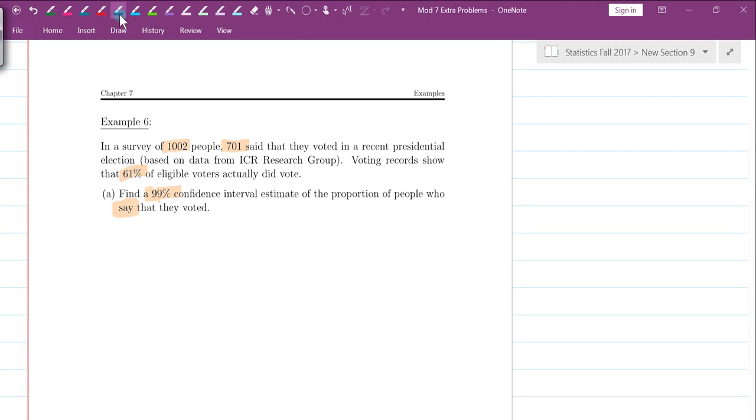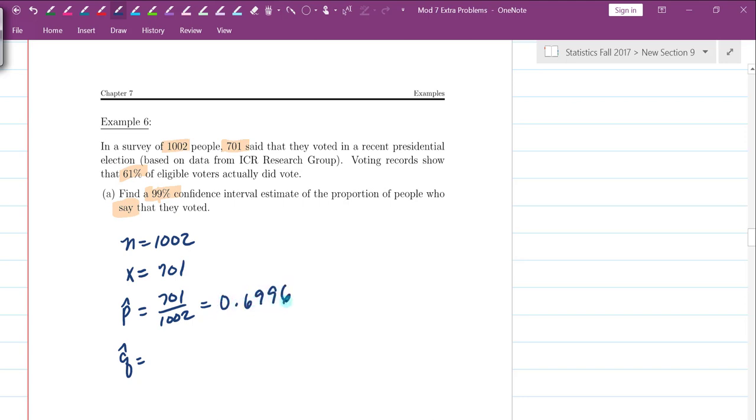So our sample size is 1,002 people. X, how many people said yes? 701. So therefore, p hat is going to be equal to 701 divided by 1,002. Let's put this in decimal form real quick. 701 divided by 1,002 is equal to 0.6996.